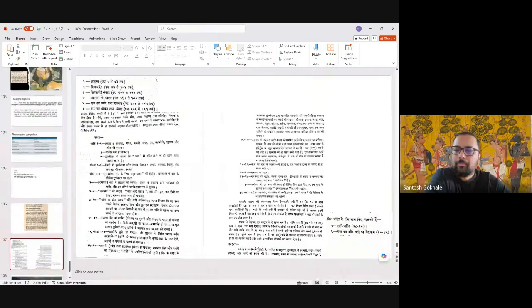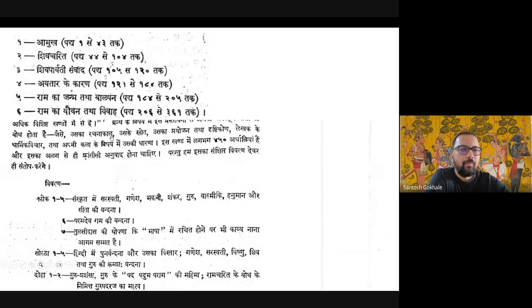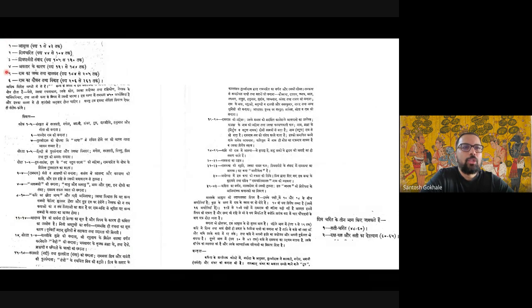Okay, so the Balkand that we are now reading is divided into 6 main blocks. Maybe the print is a bit small, but you can see the pointer. The first part is the Amuk or introduction.